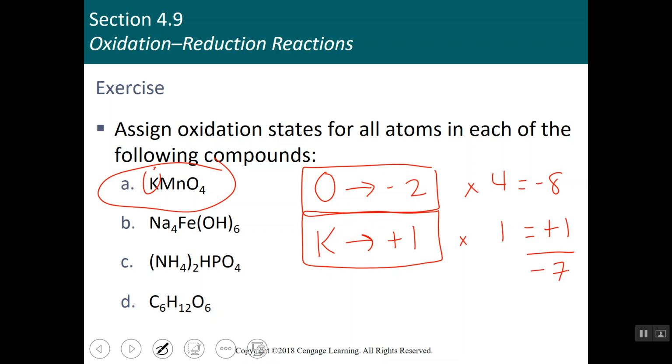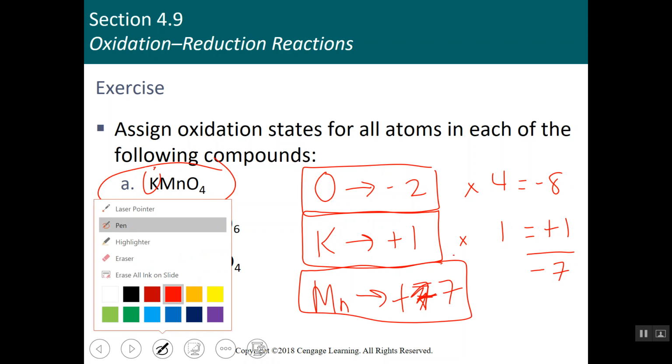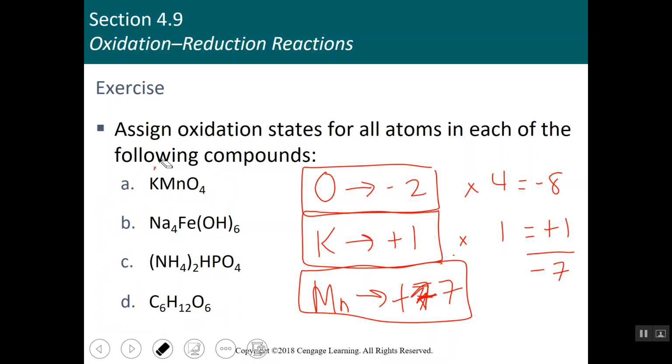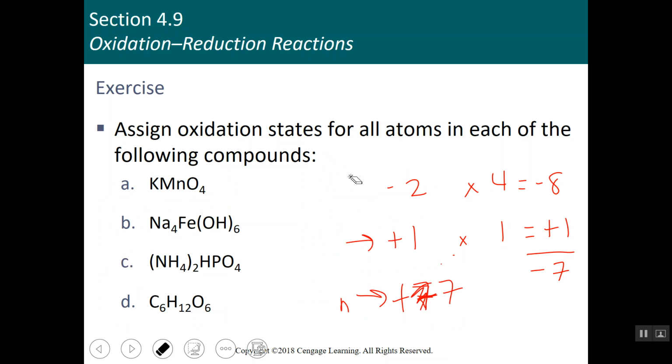We need this compound to be neutral, so in order for it to be neutral, we need to assign the manganese a charge of +7. Okay, so stop and process that for a little bit if you need to. And then I'm going to go ahead and erase, and we're going to go on to the next example.